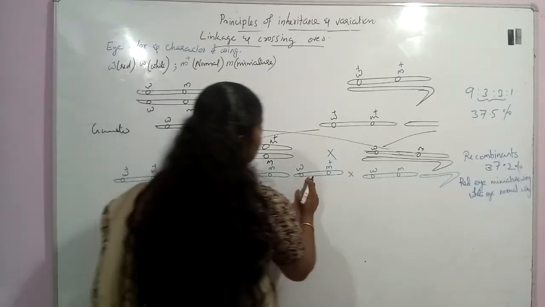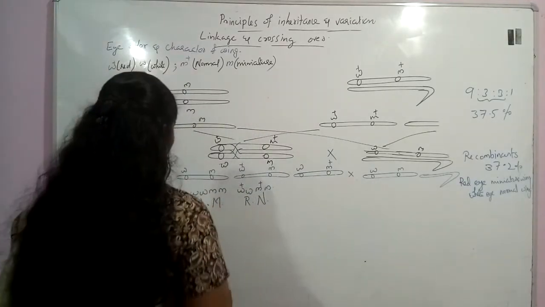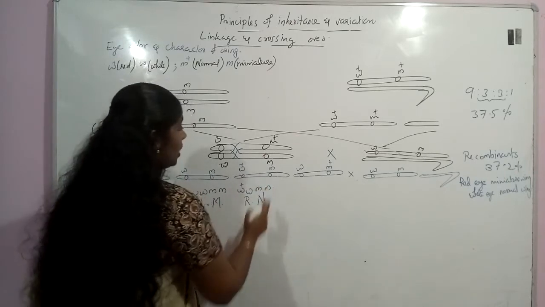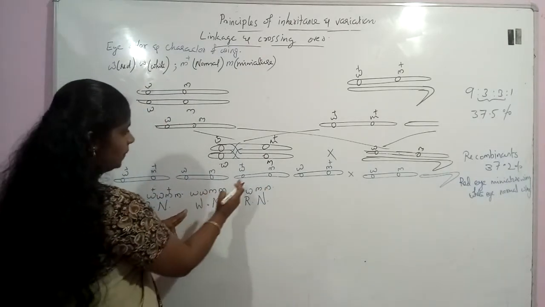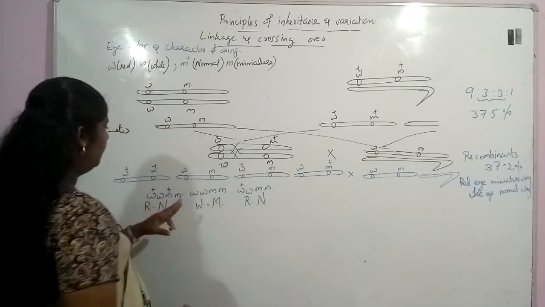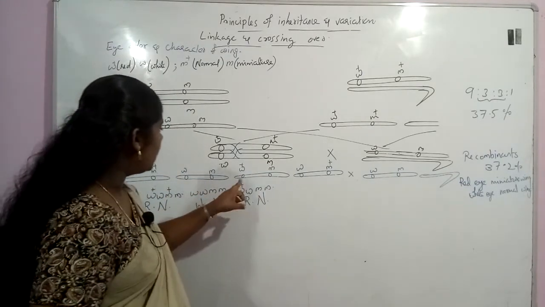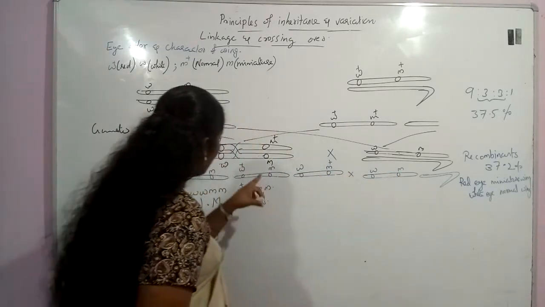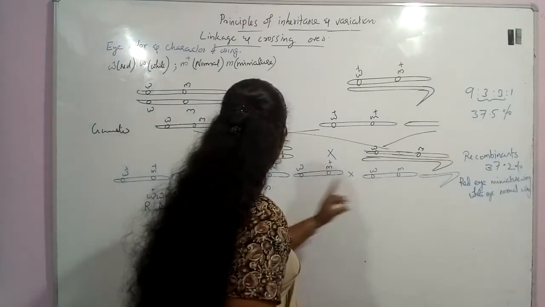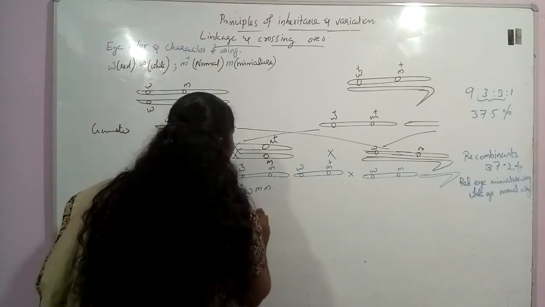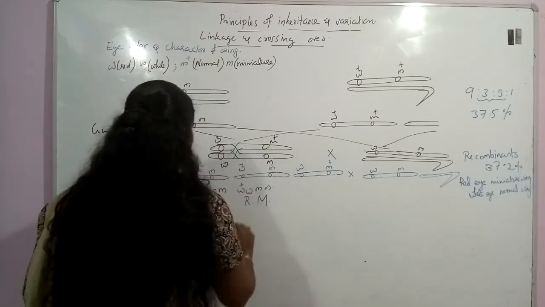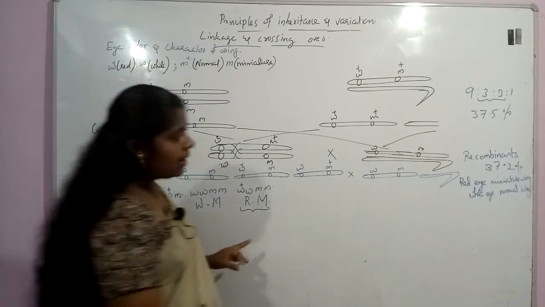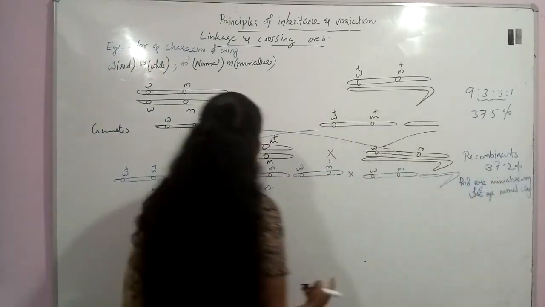Now if we see this joining with this one, oh sorry, here we can see M plus M. No, it is M M. I forgot this one, I just got confused here. In this case, look, it is W plus W M M. W plus W M M gives red eye miniature wing, and that is a recombinant.